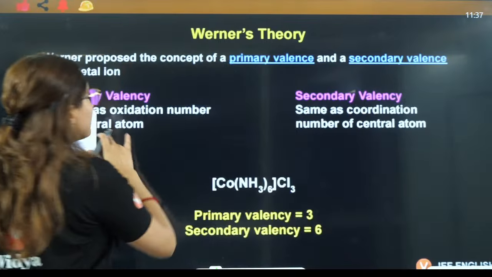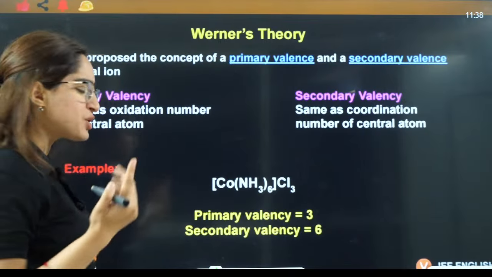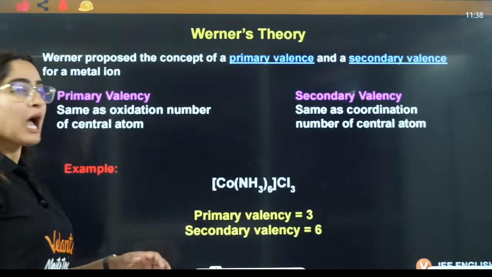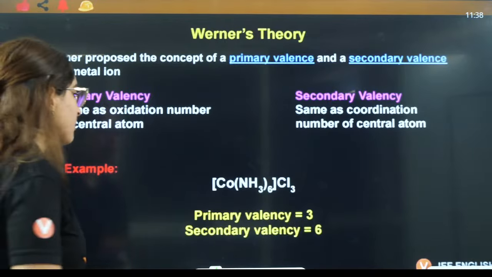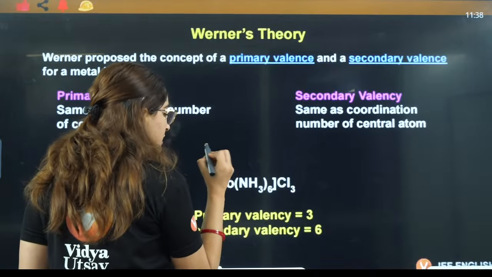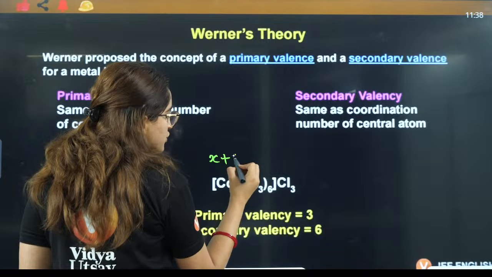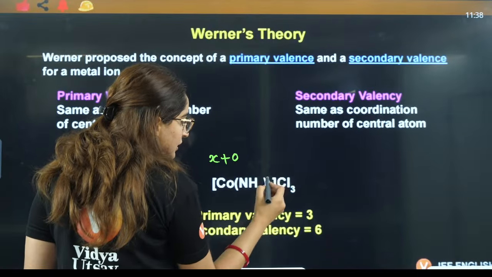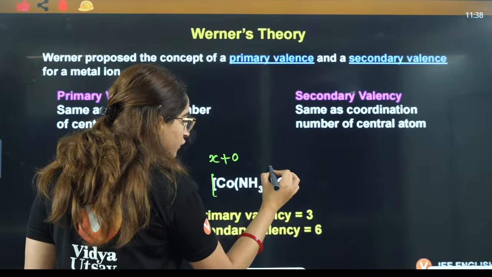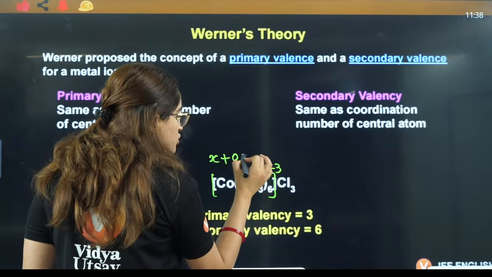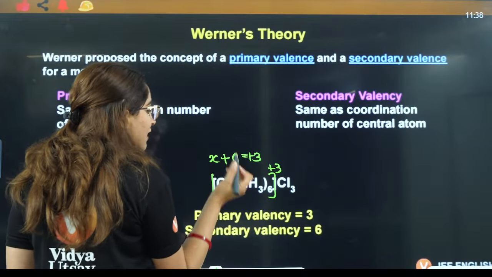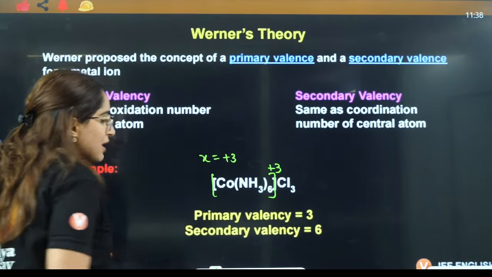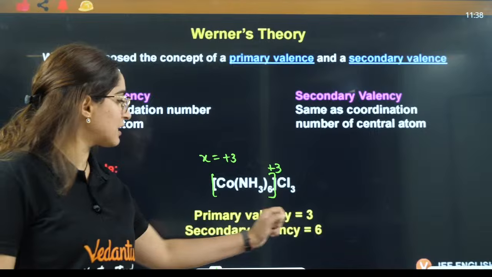If they ask for primary valency, you need to calculate the oxidation number. This is X, ammonia is neutral so it is 0, and the cation has plus 3. So the whole is equal to plus 3, which means X is plus 3. So the primary valency is 3.